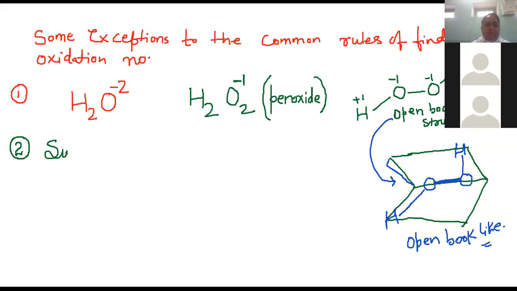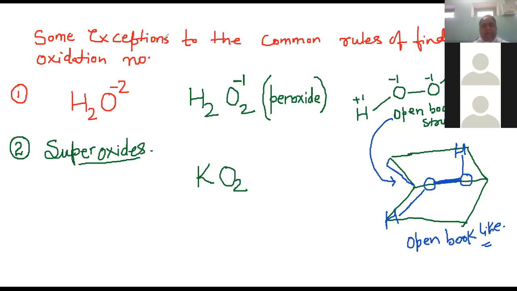In case of superoxides, oxidation number changes. Like in case of KO2. Don't think that this molecular formula is wrong.